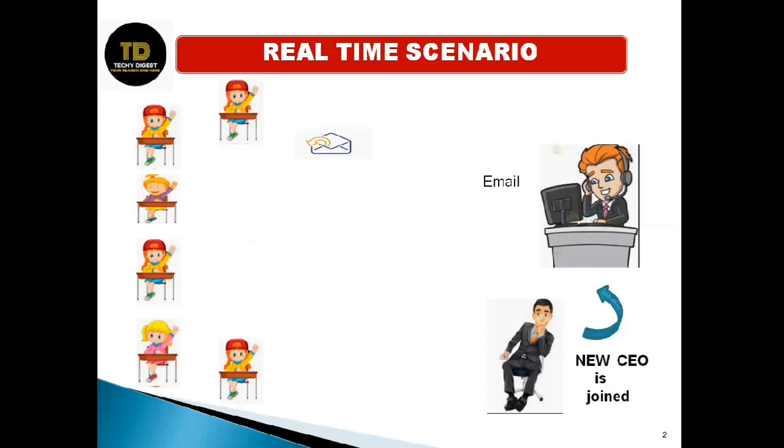But there is a possibility of forgetting to send it to one of the employees. This leads to inconsistency of data. So in order to avoid inconsistency, triggers came into the picture.